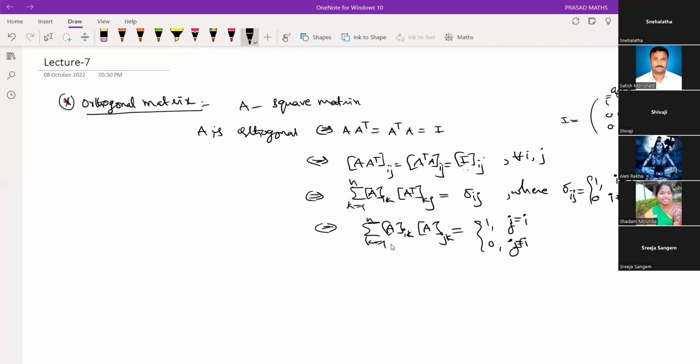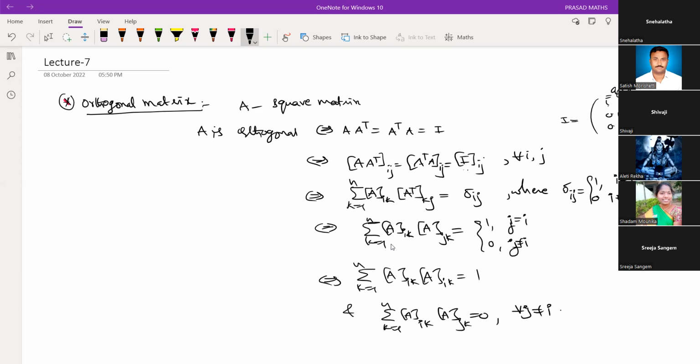What does this mean? Whenever j equals i, this can be rewritten as summation k equals 1 to n of the ik-th entry of A times the ik-th entry of A, and this is 1. And summation k equals 1 to n of the ik-th entry of A times the jk-th entry of A is 0 if j is not equal to i. Is it clear?